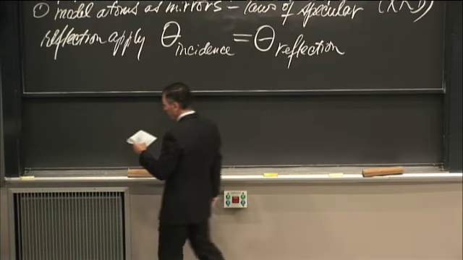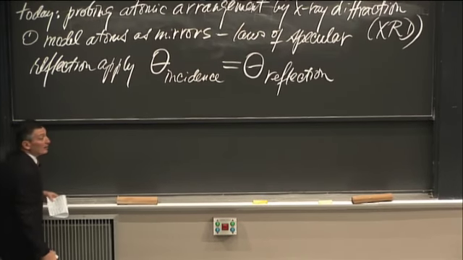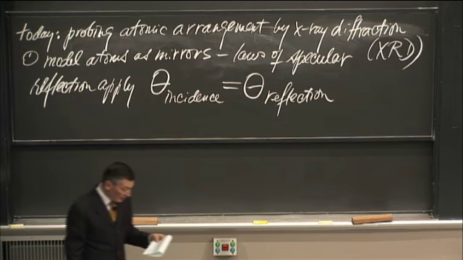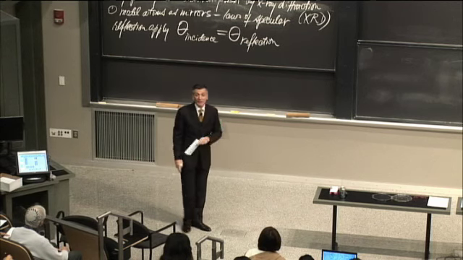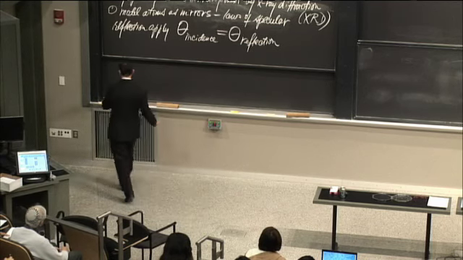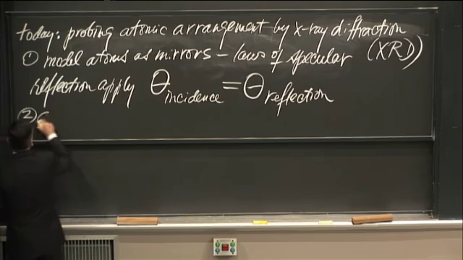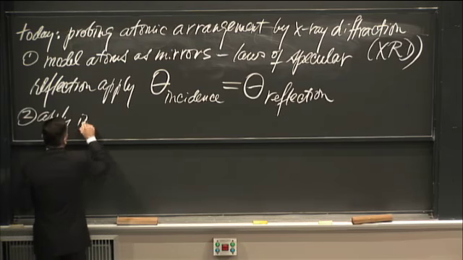And then the second thing we're going to do in order to get intensities is to use the concept of constructive and destructive interference. Okay? So we apply interference criteria.